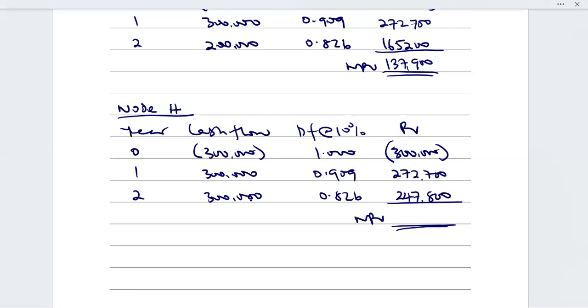So NPV: 272,700 plus 247,800 minus 300,000. That's 220,500.